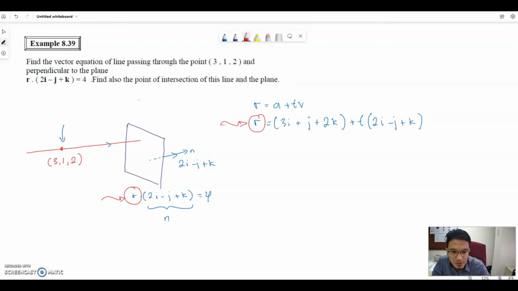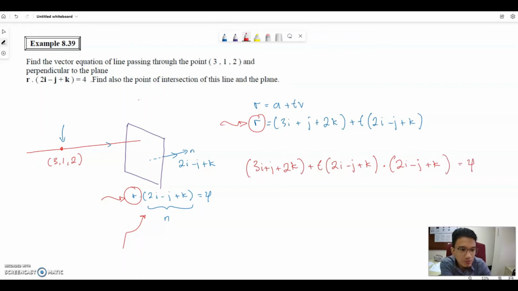So that will be (3i plus j plus 2k plus t(2i minus j plus k)) dot with 2i minus j plus k, equal to 4.